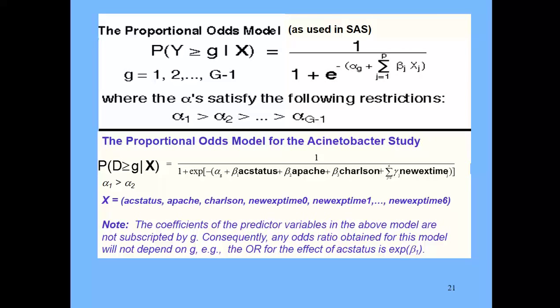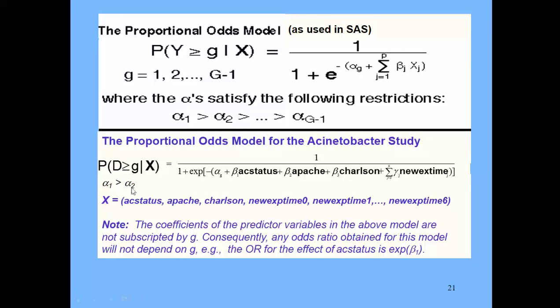Okay, and for the proportional odds model for our study, this is what it looks like. This is what this formula boils down to if you put in what the variables are. It's got alpha sub g, and there are only 3 ordinal categories, so g goes from 1 to 2, because 3 categories means G minus 1 is 2.